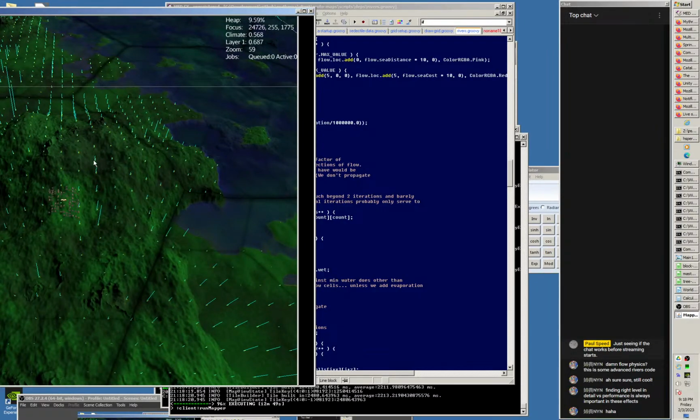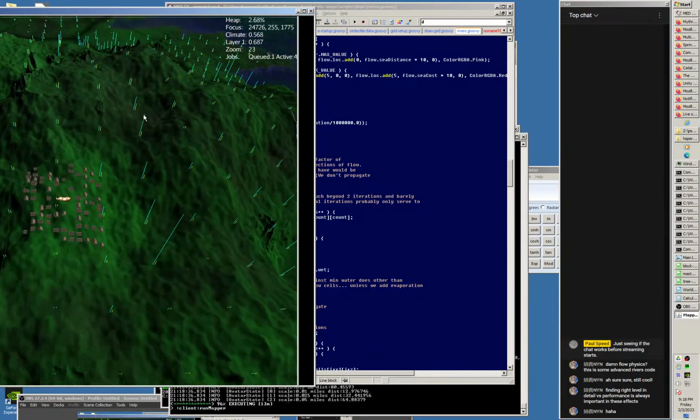If I can get a river source to form right here, basically if there's enough feeding cells, if the yellow bar is high enough and the blue bar is high enough, then it's a potential river source.